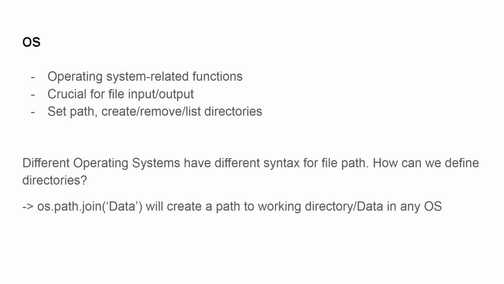It can be current folder slash data or current folder backslash data, depending on the operating system. If collaborators use different operating systems, they will be able to use the same code on their computer. This will be a very useful tip when you work with many people. And of course, there are many other functions to handle files and directories, so you should be familiar with this library as well.